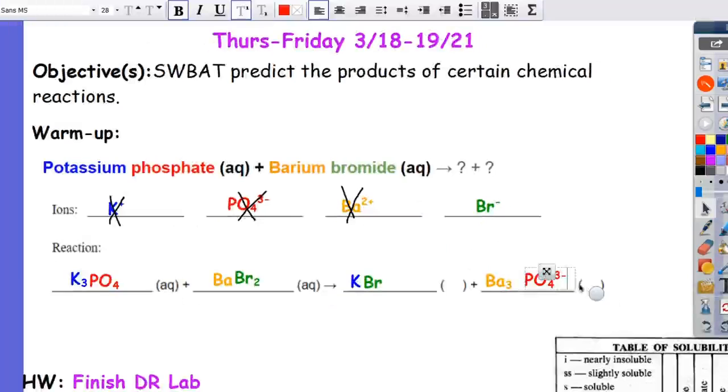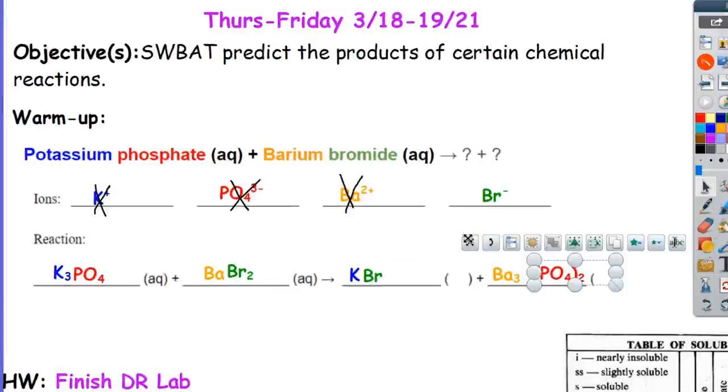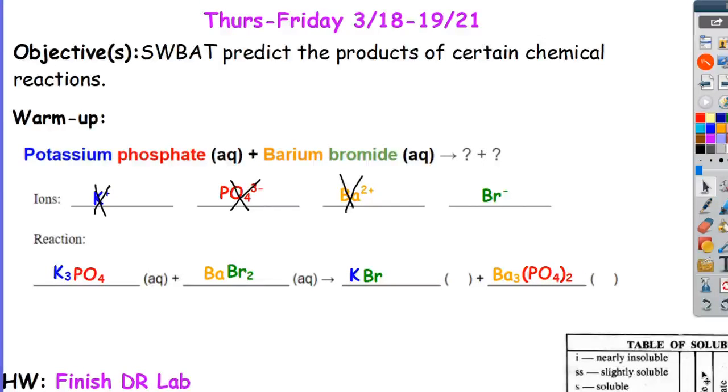Now, be careful, phosphate is a polyatomic ion, so I need to put parentheses around it, and then I'll put the 2 on the outside of those parentheses. So let me put that down. So this is my answer to number 3. Here are my potential products to my reaction.